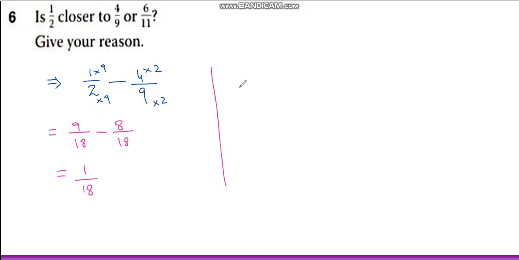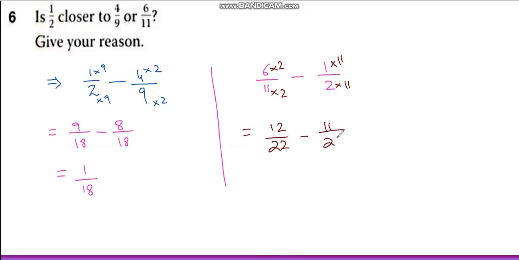Now we will also see the difference of 1/2 and 6/11. So 6/11 is bigger, so I'm subtracting 1/2 from 6/11. And again, to make the denominator same, I will multiply it with 2, and here I will multiply with 11. And then I will get 12/22, take away 11/22, and I will get 1/22.